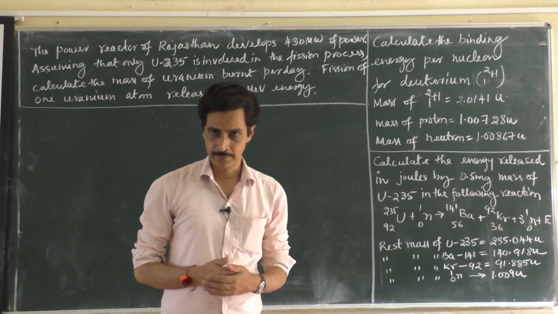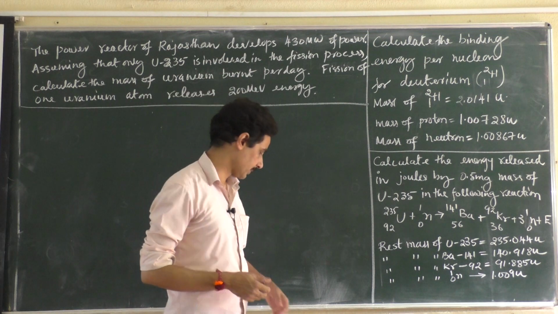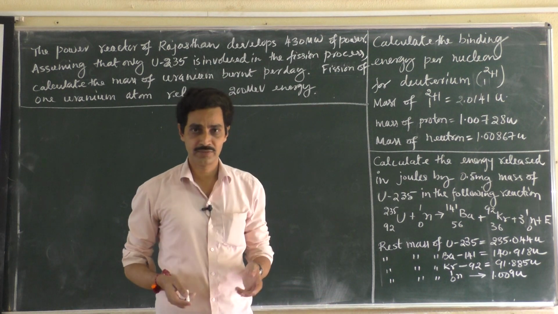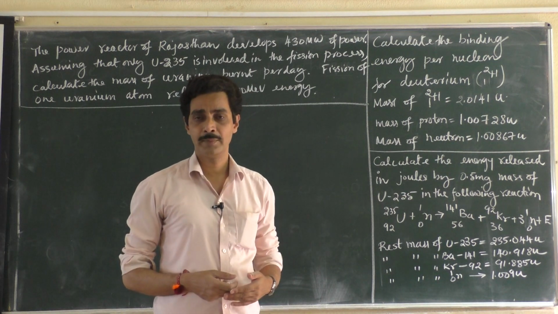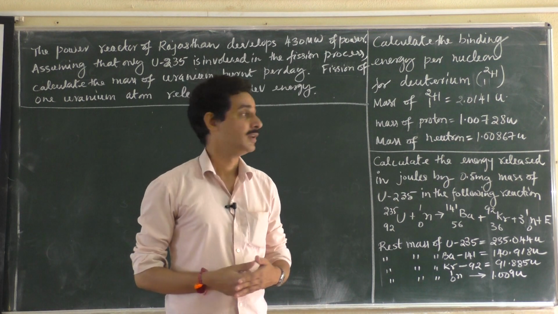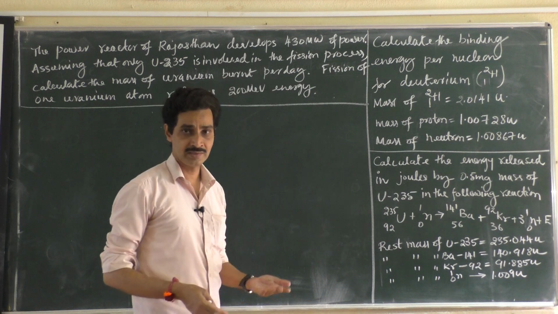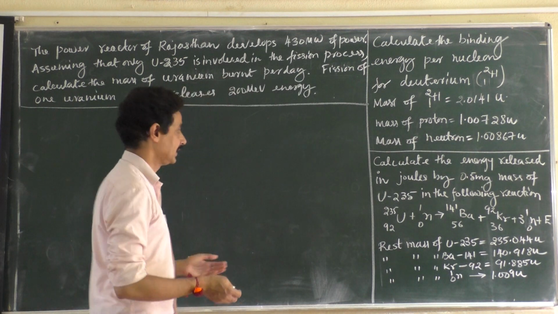For this problem, basically you must know how deuterium is formed. Two hydrogen nuclei combine together to form the deuterium nucleus, and some amount of mass is lost in this process, and you will get finally the energy released.